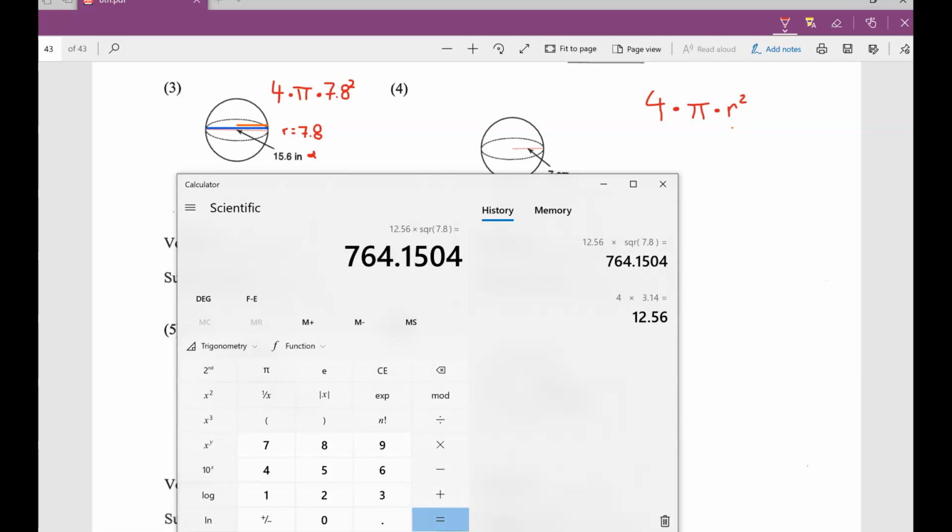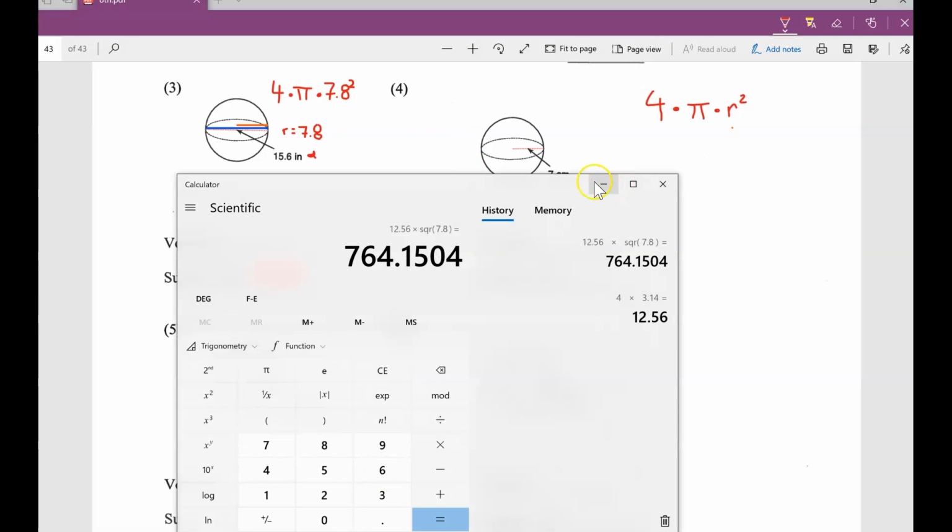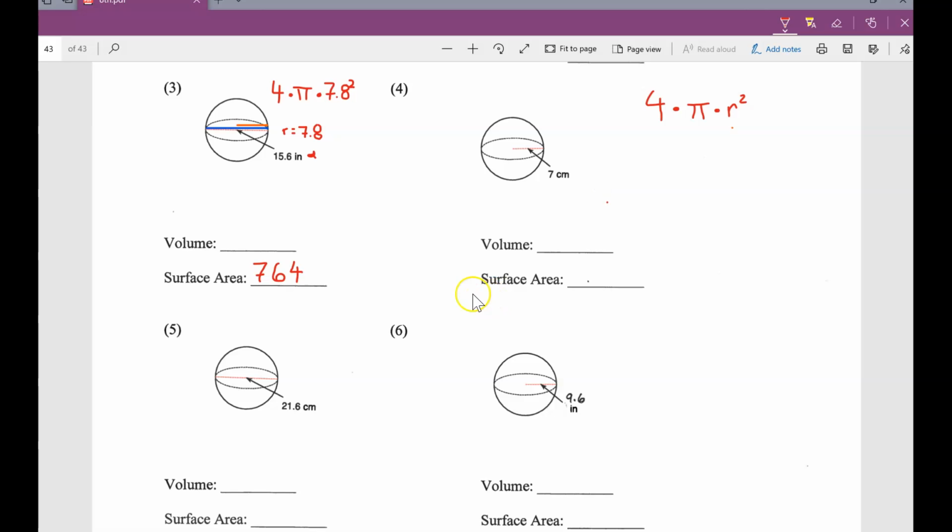And that gives us a total of 764.1504. However, because this is a calculation involving pi, I'm going to give an approximate answer here of 764.